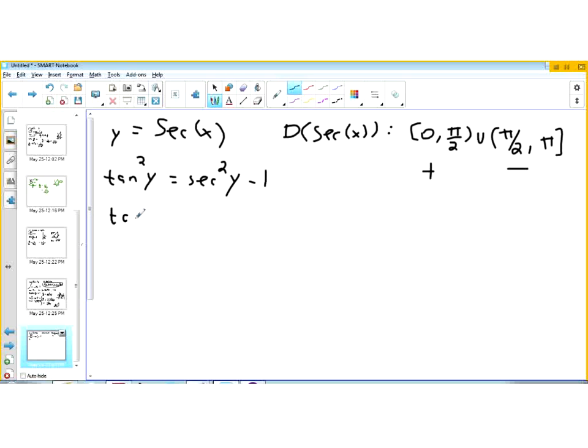So tangent y then is equal to plus or minus the square root of secant squared y minus 1. All right, so we have that. So proceeding on the interval 0 to pi halves, let's calculate the arcsecant derivative. Okay, and on this interval, for the principal secant function, x is greater than or equal to 1.